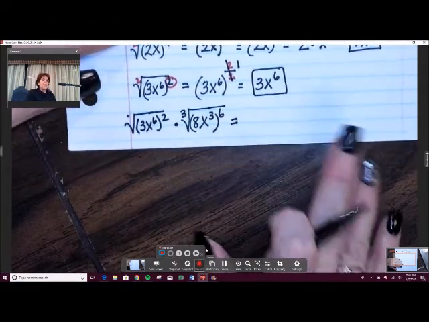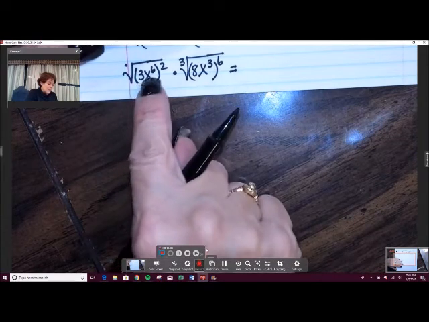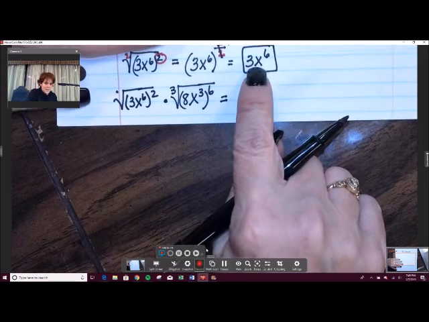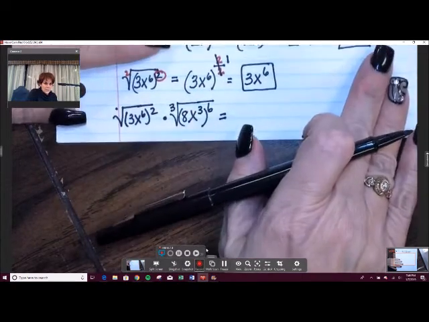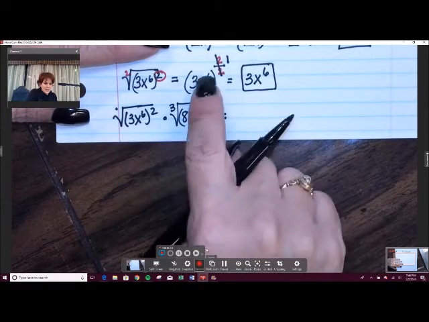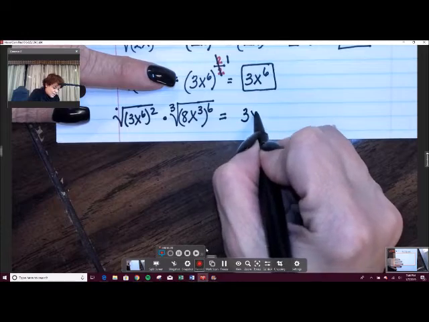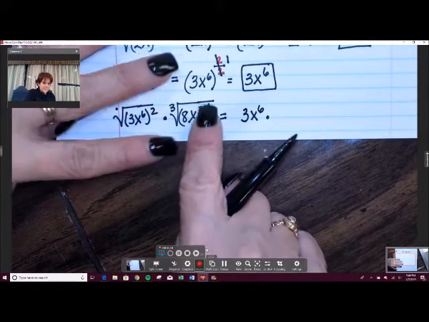All right, so you're like, what? Okay, I'm going to move that there so you don't see it. Okay, so we already know that this one right here came out to be 3x to the 6th, right? 2 over 2 when we simplified it, and so we got 1. So I know that this right here is 3x to the 6th times. Let's simplify this one.